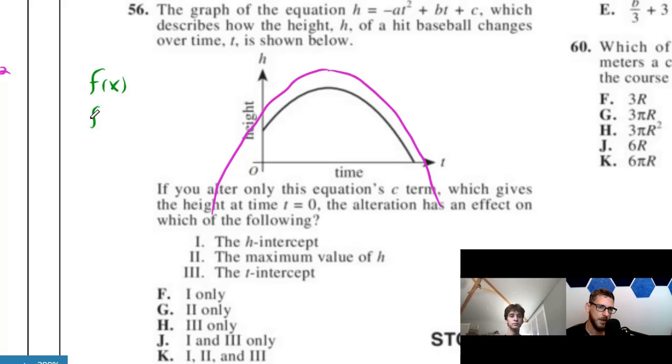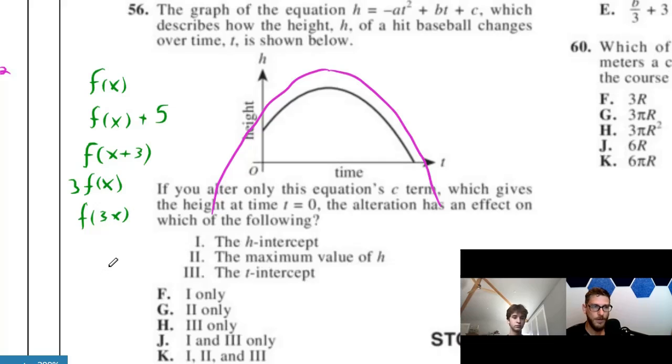You could add something outside of it, so you could just add to the function. You could add something inside of it, like this. You could multiply the whole function by some number. You could multiply the inside by something. Those are all the basic transformations. We can also multiply by a negative outside, or we could put a negative inside.